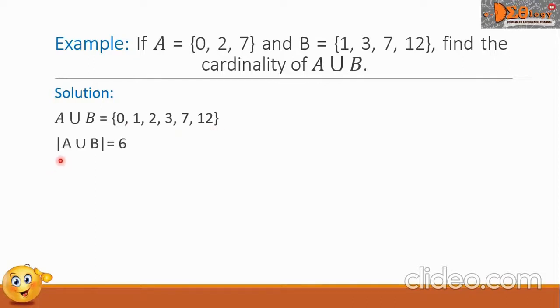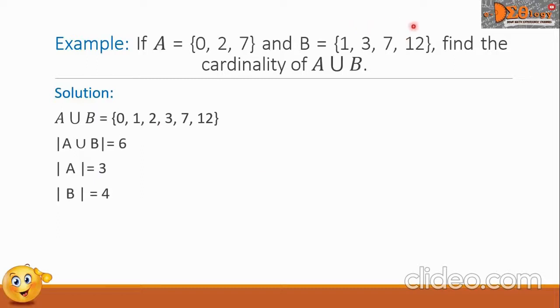We say that the cardinality of A union B equals 6 because there are 6 elements in the set A union B. For the cardinality of A, this is equal to 3. There are 3 elements in the set A. The cardinality of B equals 4.